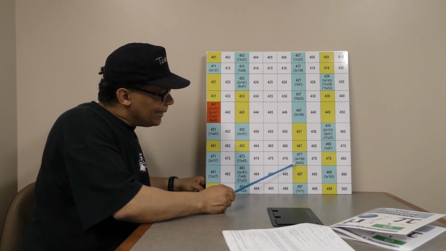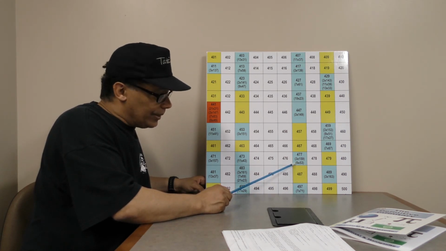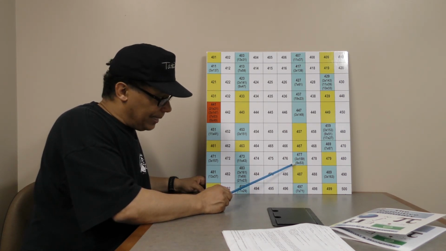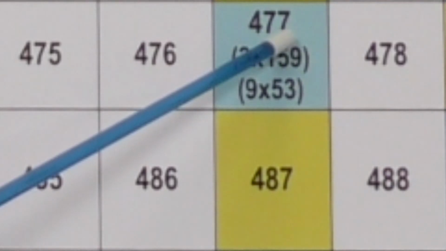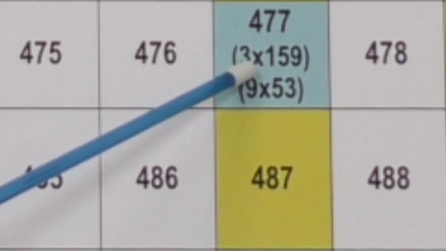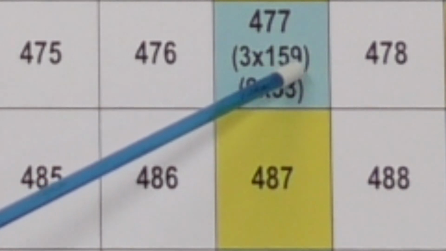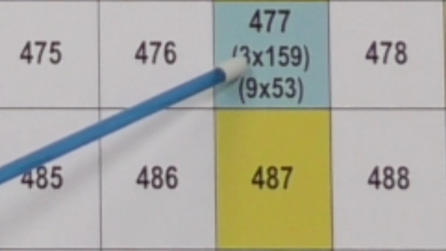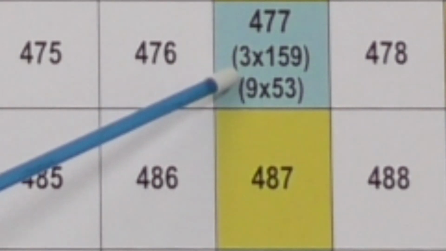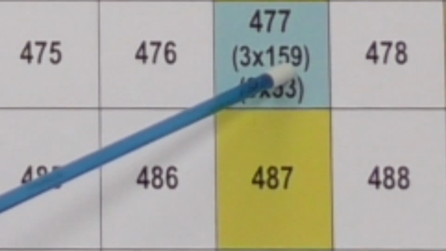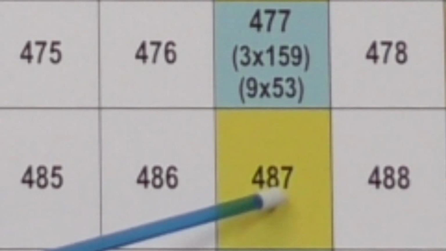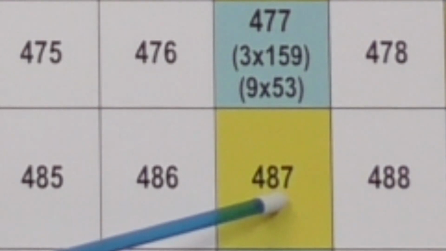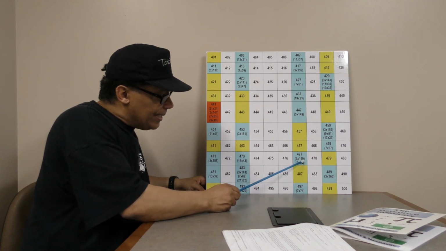Well, if we locate, let's say, a cynosure number that is not a prime number, say, for example, 477, we see that it is a multiple of 3 times 159 and 9 times 53. So we know that using 3, we can determine whether 487 is a prime number or not.